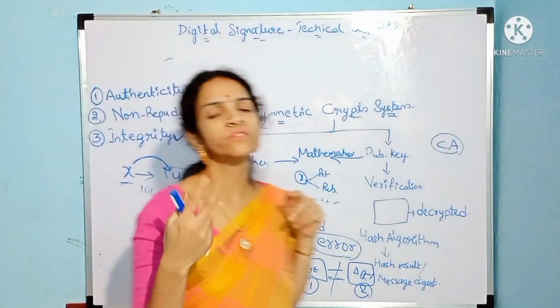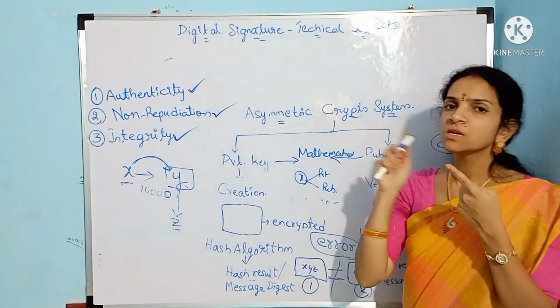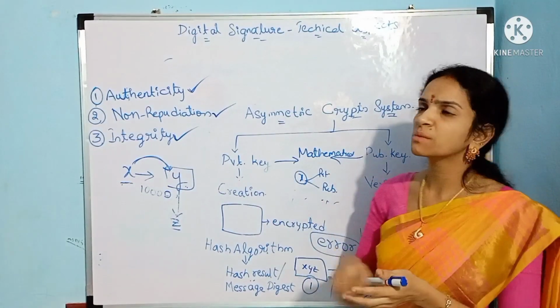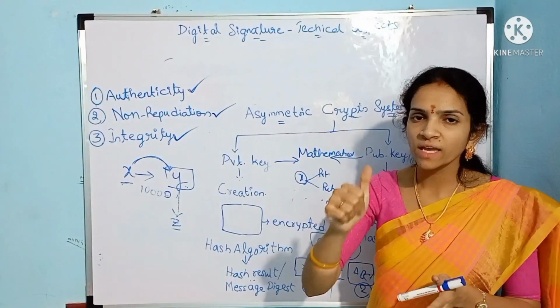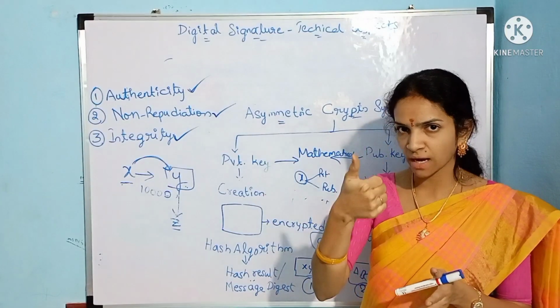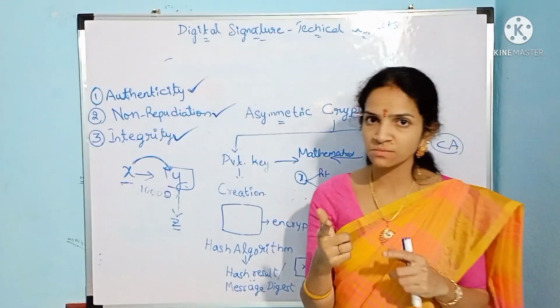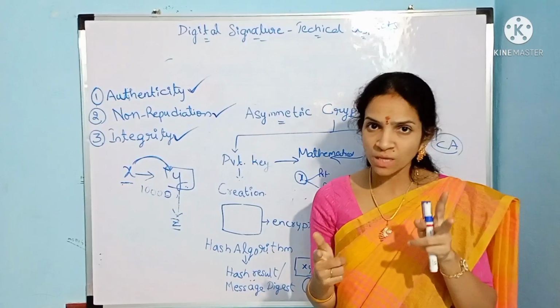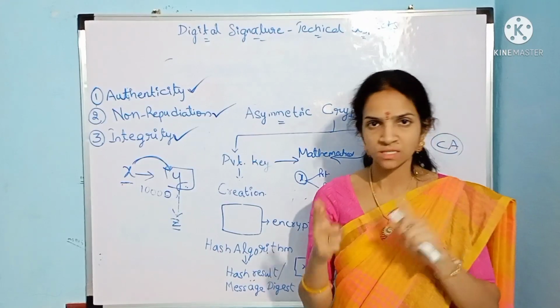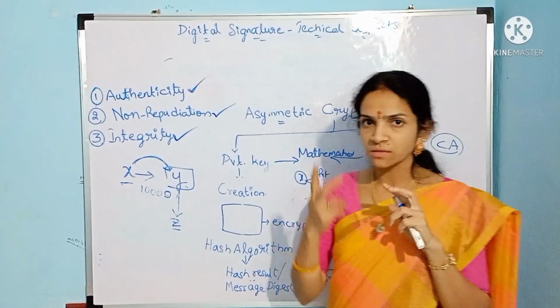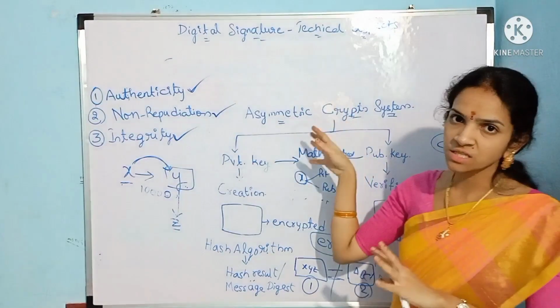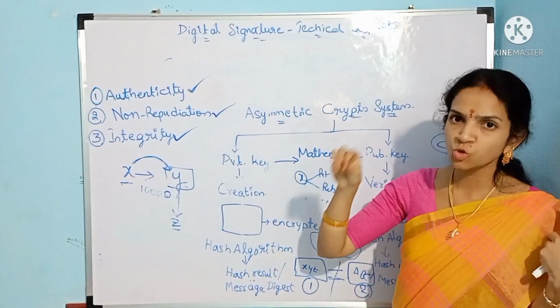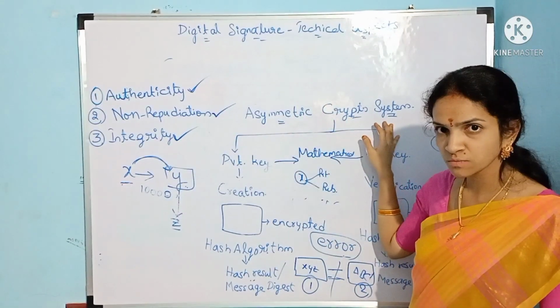So what have we discussed till now in the 3 videos? First, what is meant by digital signature, why it is important, and the object behind it. Second, what is meant by cryptography. There are 2 types of cryptography, symmetric and asymmetric. Third, for digital signatures it has been specified to use only the asymmetric crypto system.